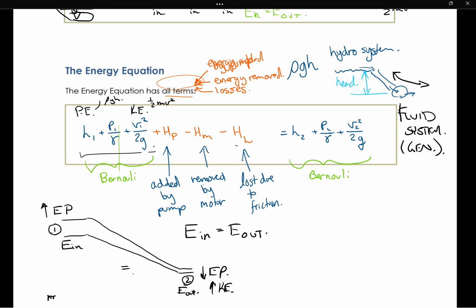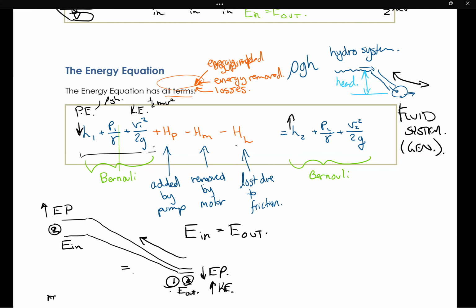So let's say we're going to go the opposite way, and we're going to pump upstream here. We're going to pump from position 2 to position 1, or let's just rename this position 1 and position 2. Then position 1 is now going to be smaller than position 2. So H1 is smaller than H2.